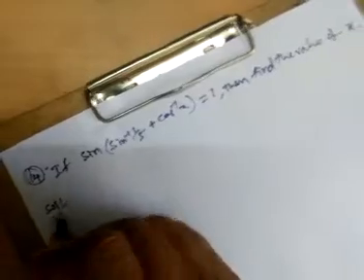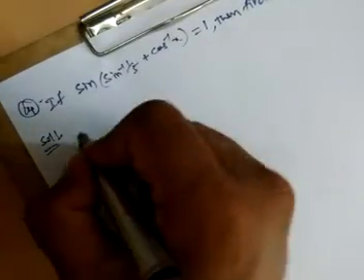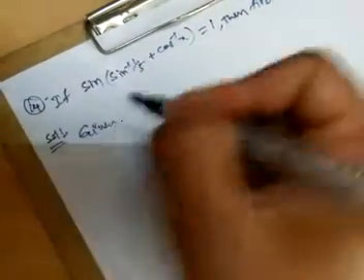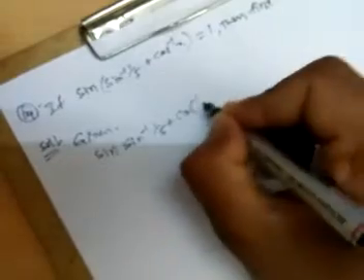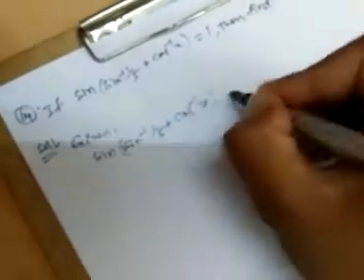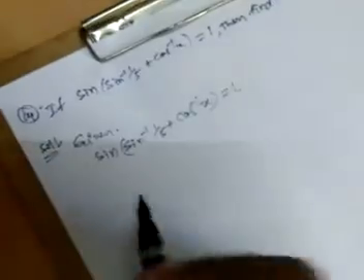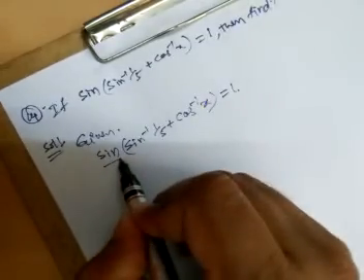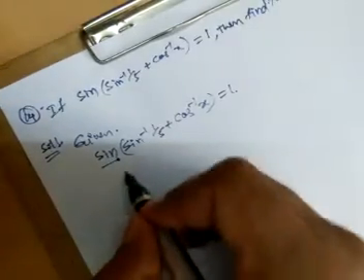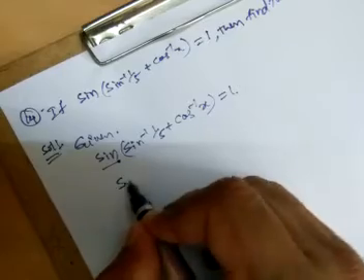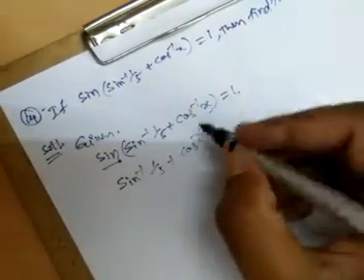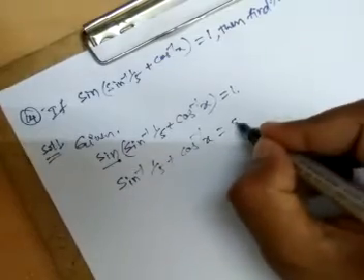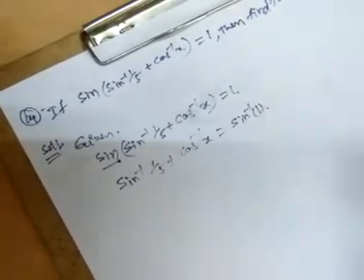Solution: given sine inverse of 1 by 5 plus cos inverse of x equals 1. Now you shift this value, sine value, to the RHS part, then it becomes sine inverse of 1 by 5 plus cos inverse of x equals sine inverse of 1.